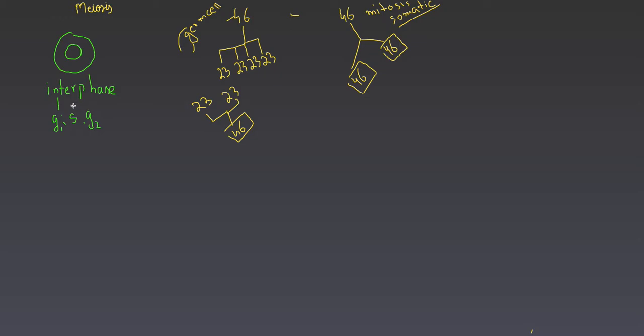So when it reaches the S phase of its interphase, the chromosomes, or the chromatin, which is just DNA wrapped around proteins called histones, replicate.